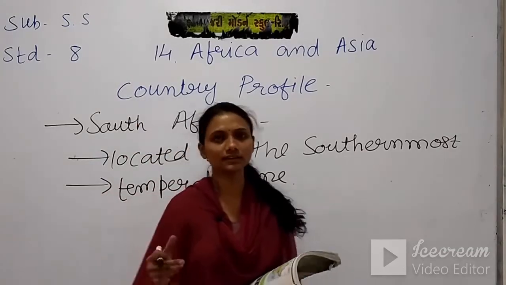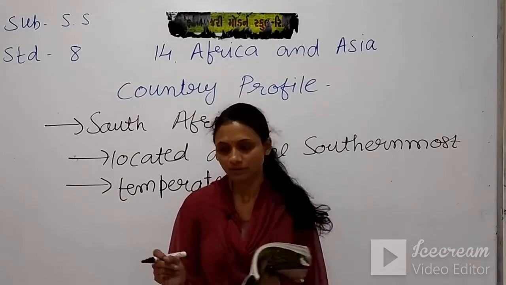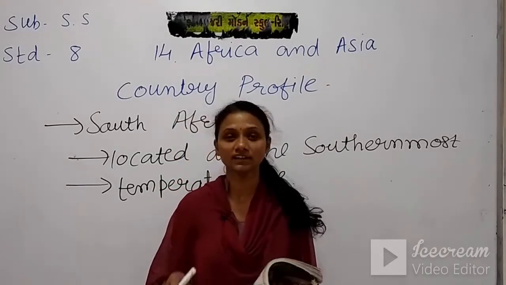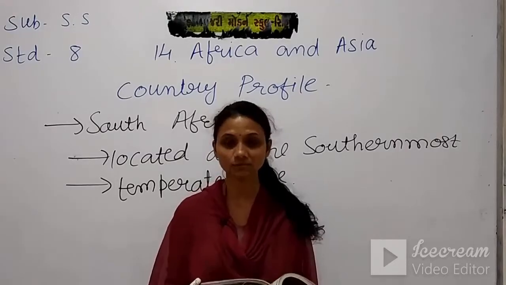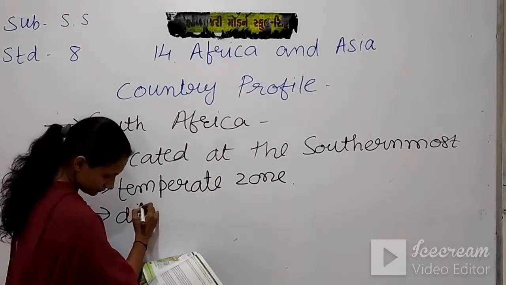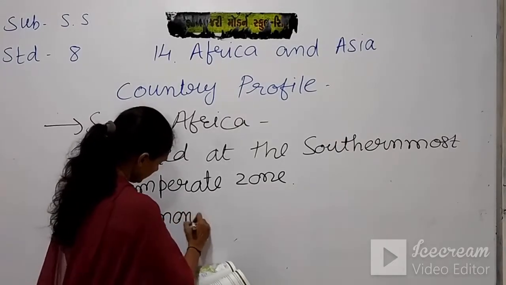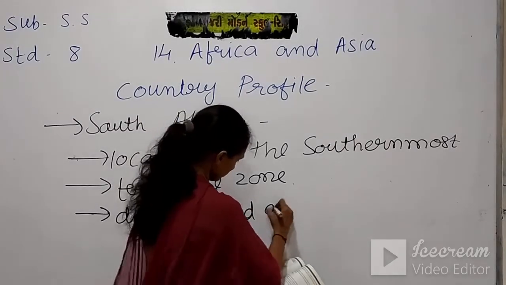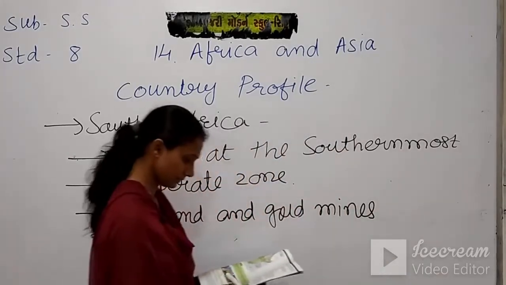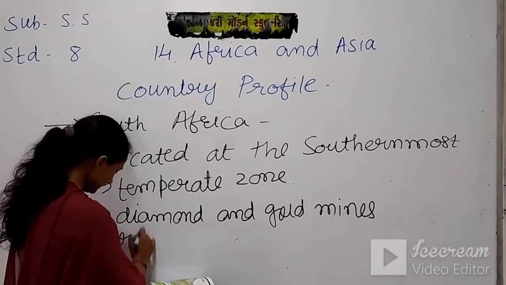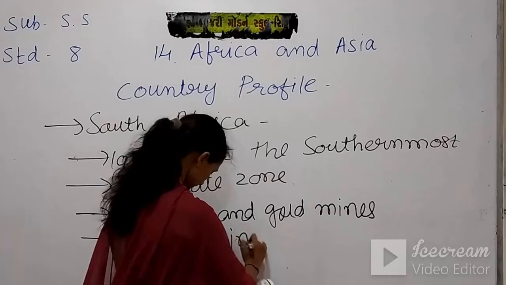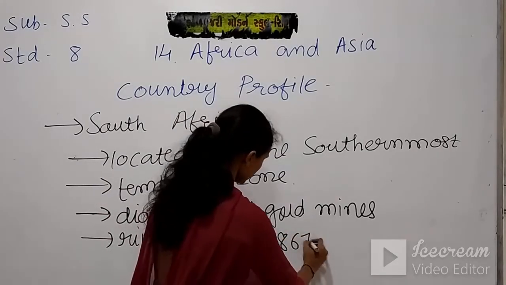Initially this country was just related to farming, but here they discovered diamond and gold mines near river Vaal in 1867.